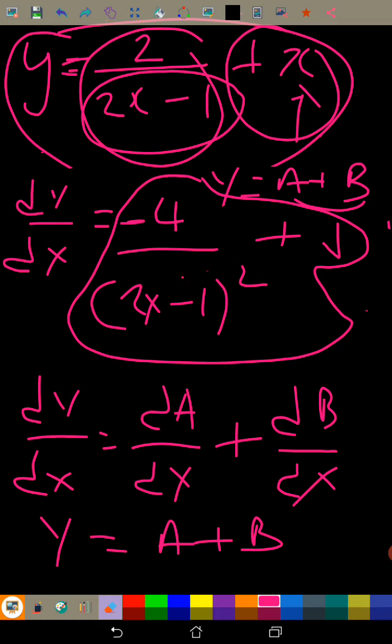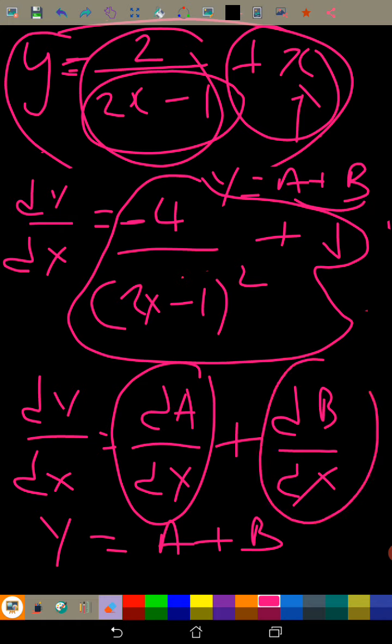All right? So if we differentiate this and we differentiate this, we are differentiating everything. This should be correct because the answer is the same. Alright, so now let's do the second part.